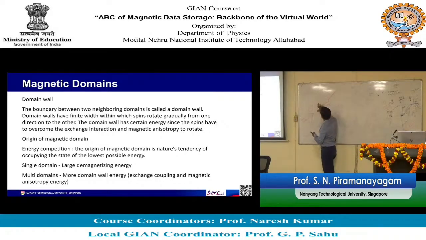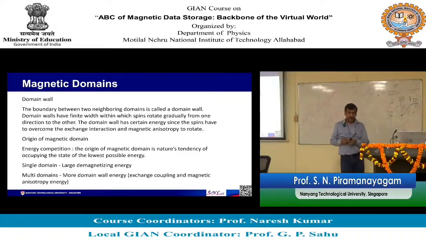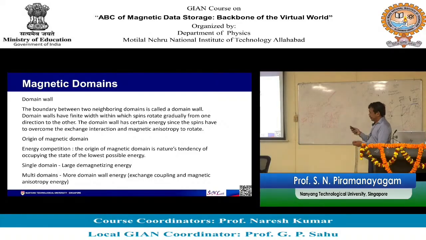So this is high magnetostatic energy, this is low magnetostatic energy. We can call it magnetostatic energy or demagnetizing energy. So when we prepare any new material, if all spins are parallel, then the system will be at a very high state of magnetostatic energy. So they have to minimize it by forming domains. Okay.